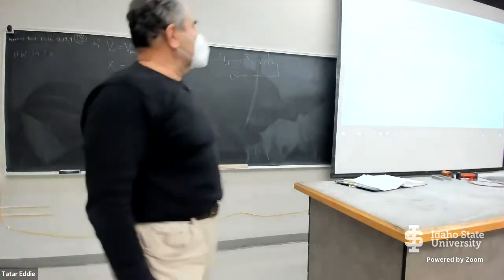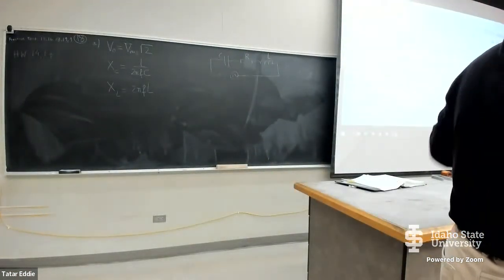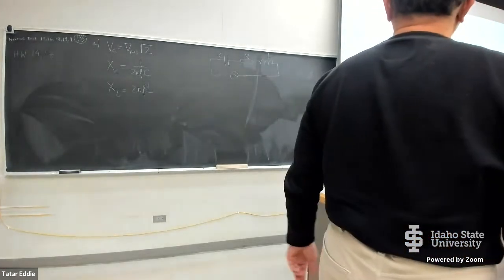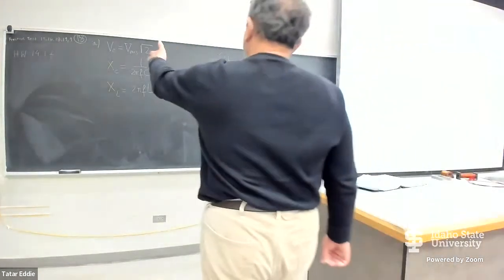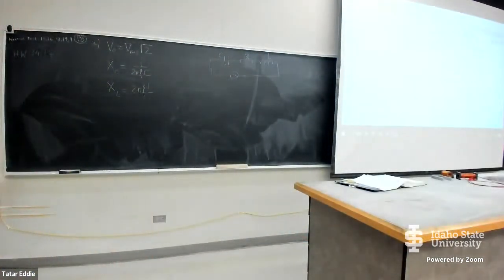Again, keep in mind that a microfarad is 10 to the negative 6. Everything else is clear. So for this question, you need a lot of work with the calculator. And you have to know your calculator pretty well.